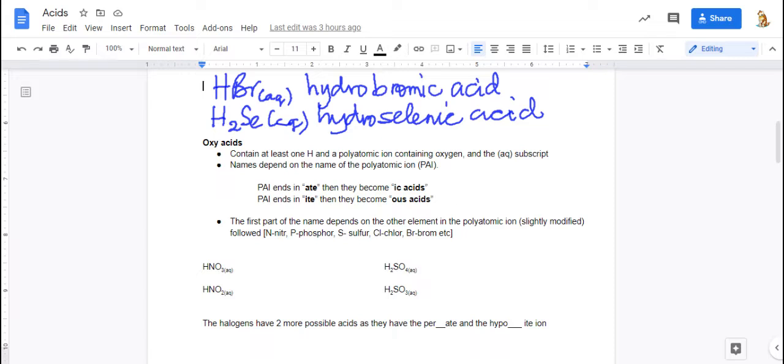So the first one, HNO3 AQ. We know this is an acid because it has an H and an AQ. So we look at the NO3 for the polyatomic ion, and that is the nitrate ion. So this is going to be called nitric acid.